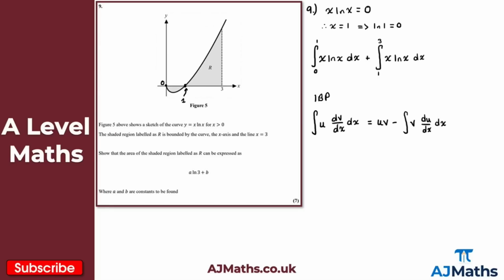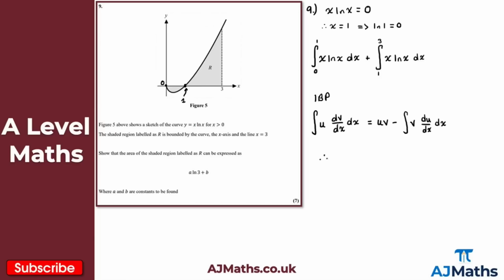So what you need to decide here is what u will be and what dv by dx will be. In this case, because this involves the natural logarithm, ln of x, I want to choose u as being ln of x because it's much easier to differentiate ln of x than it is to integrate. To actually integrate ln of x, you need to use integration by parts. So it doesn't make sense to choose dv by dx as being ln of x.